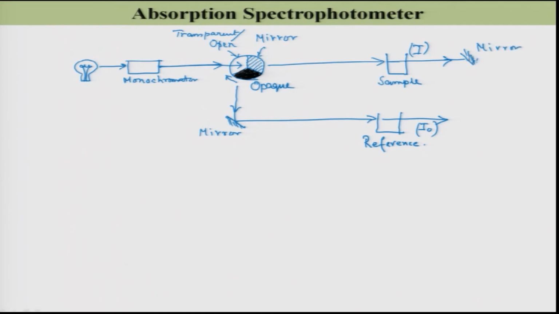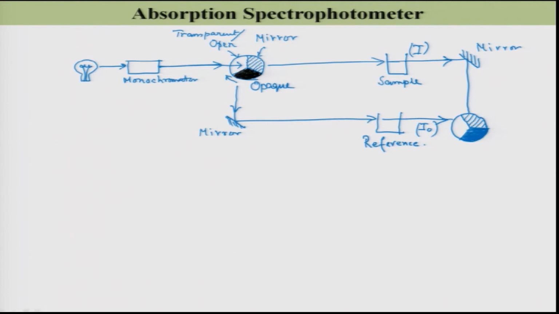So, you reflect this light in this direction, right, and then you use another such device where one part is opaque, another part is mirrored and another part is transparent, right, like this.